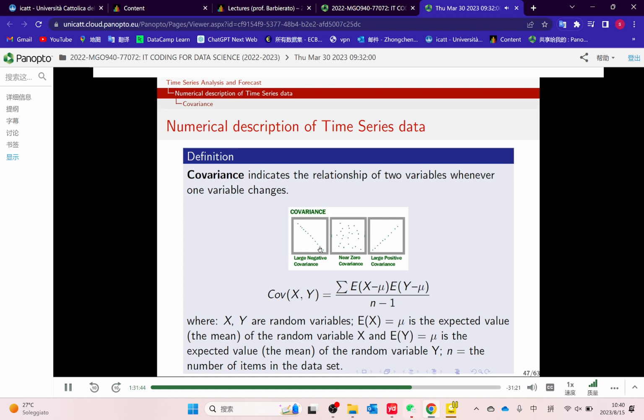The worst case is when your covariance is close to zero, because it means that there's not much you can say about your data. This is just noise, just random values. There's really nothing you can say between x and y. But in this case, you have a negative covariance. So a negative covariance is still a covariance, just like a positive covariance.